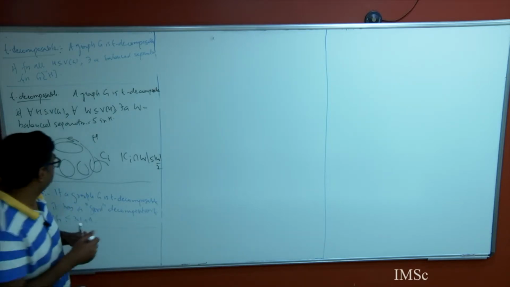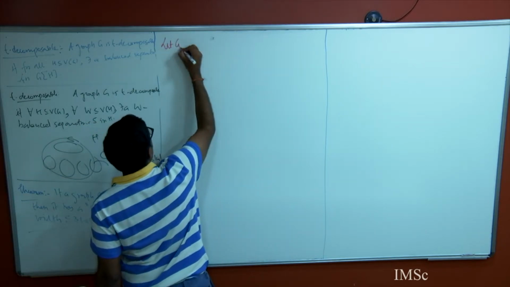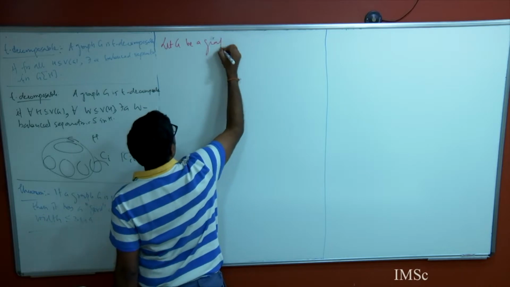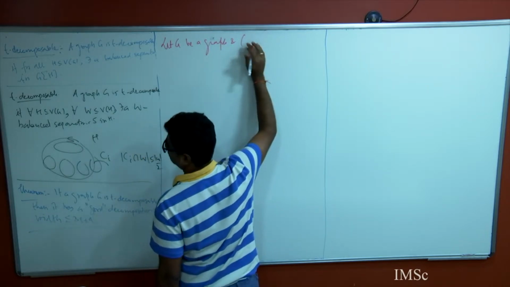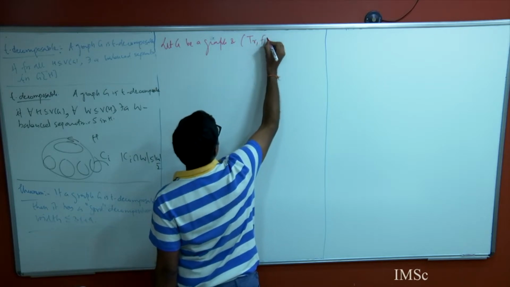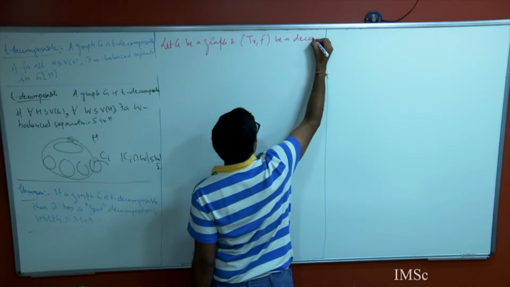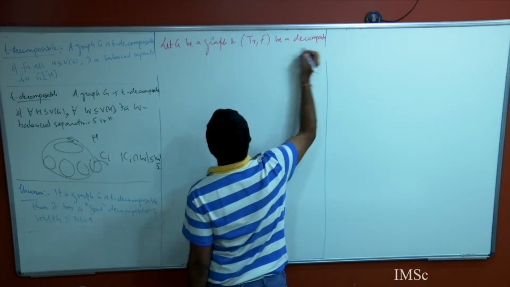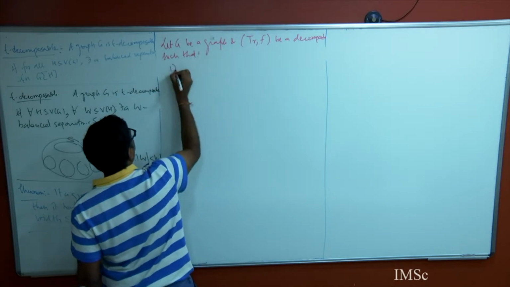So what was that? We said let G be a graph, and let T, F be a decomposition such that we had three properties.